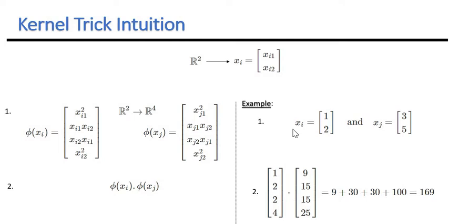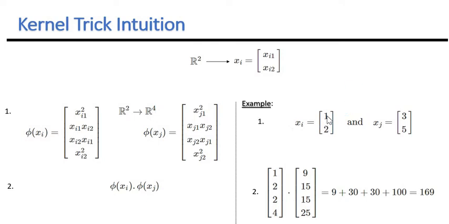So the standard way of projecting this point onto an n-dimensional space, and in our case it's a four-dimensional space, is that the first step is that we have to transform each point to how exactly it is going to be located on this four-dimensional space.